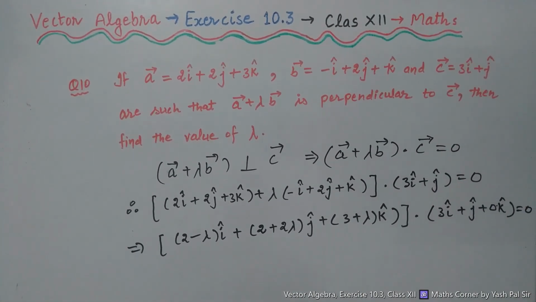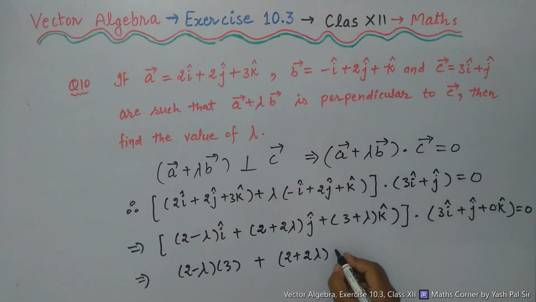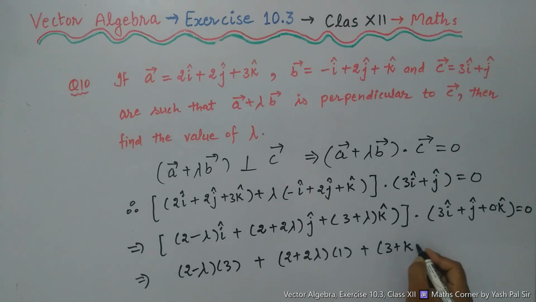Right? So we have multiplying the components of i and i, 2 minus lambda multiplied with 3, plus components of j, 2 plus 2 lambda multiplied with the coefficient of j which is 1, plus 3 plus lambda, the coefficient of k, into 0, is equal to 0.